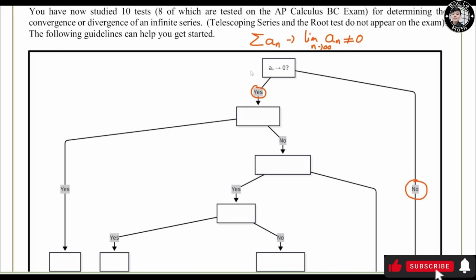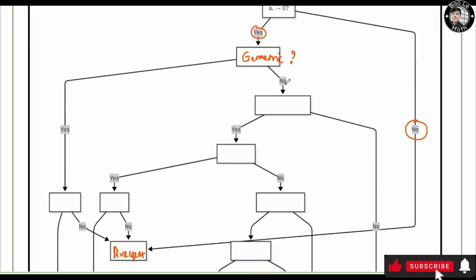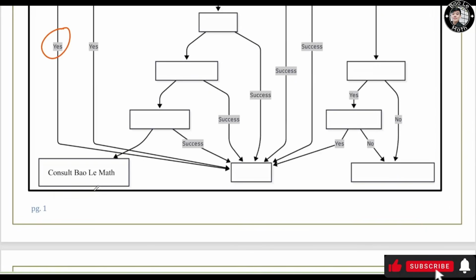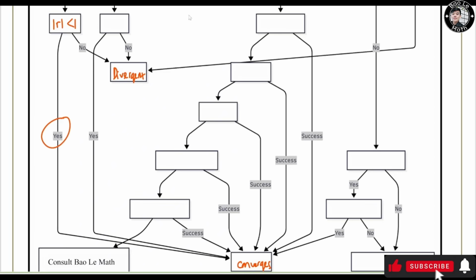Now, if the limit of a sub n as n approaches infinity equals 0, so it's yes, you're going to check to see if the series is geometric. If the series is geometric, then you check the absolute value of the common ratio to see if it's less than 1. If yes, the series converges. If no, the series diverges.